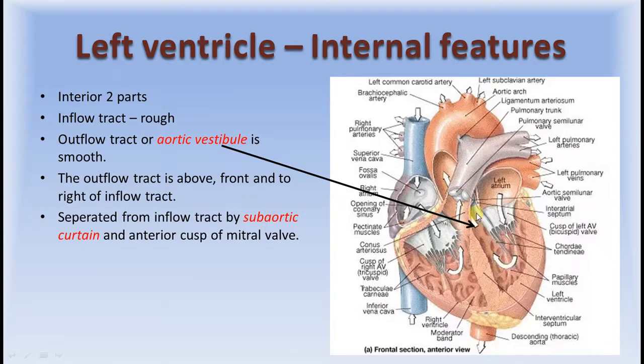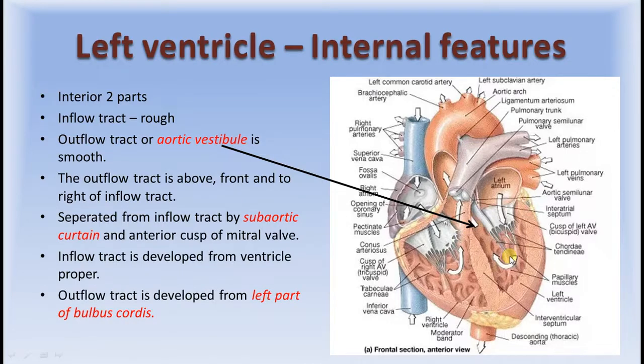So between the anterior and posterior scallops of the aortic annulus and the mitral valve cusps, there is a gap which will be filled by the subaortic curtain, and this is your valve, the anterior leaflet of the mitral valve. They both separate your outflow and the inflow tract.